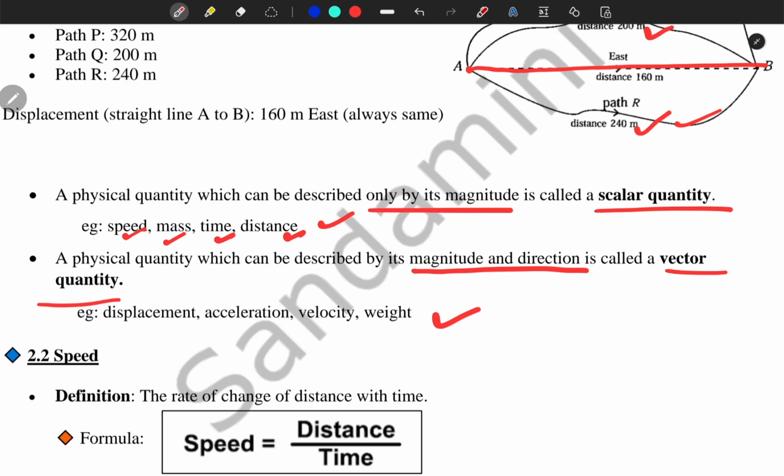When you are telling the time, I got 6 seconds to come to school, am I telling a direction with the time? No, right? We don't give a direction when we say a time. If I took 1 hour to come to school, we don't say a direction for that either, right? So it doesn't have a direction, but these quantities have a direction, right?